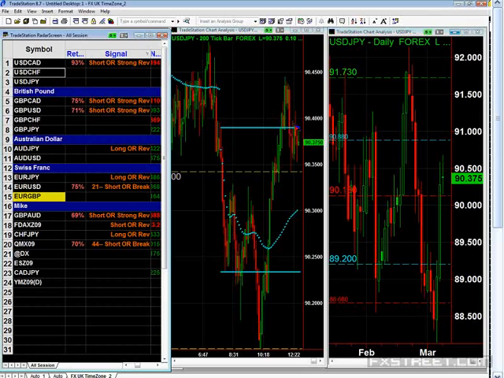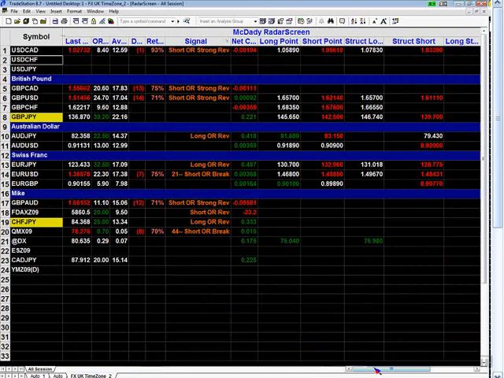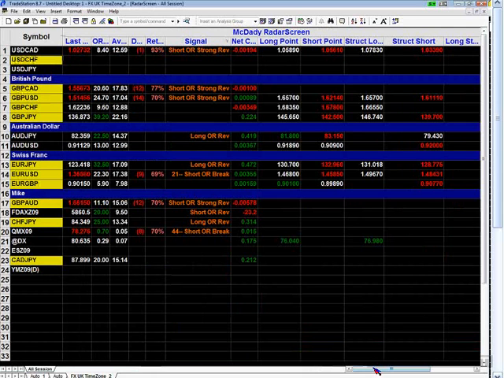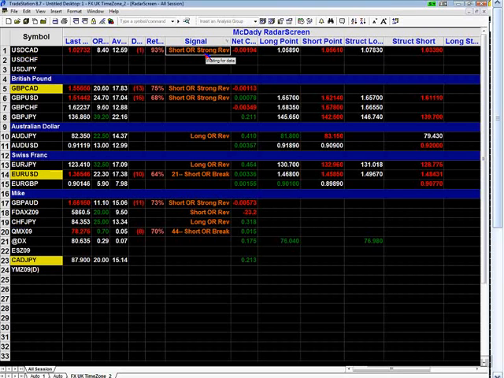So looking at the market, what we're going to do is choose from what happened in some of the currencies that we're going to trade. The first thing we look at, I want to look at what currencies have given me what we call a reversal in the prior session.